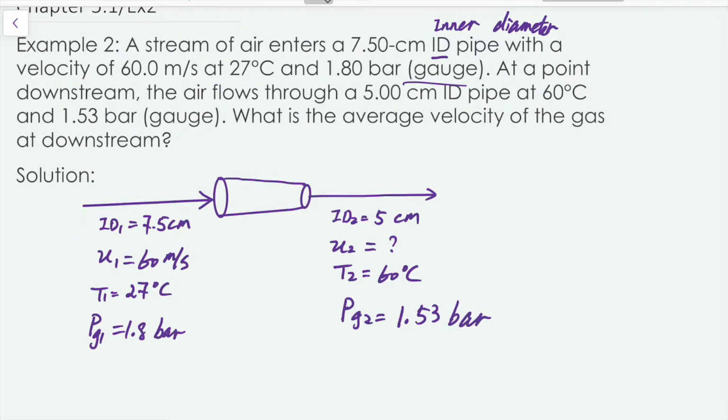Okay, the temperature is, one is 27, the other 60 degrees, so it's well above 100 Kelvin, and the pressure is around 2 to 3 atm, so it's still not very big, it's still low pressure.